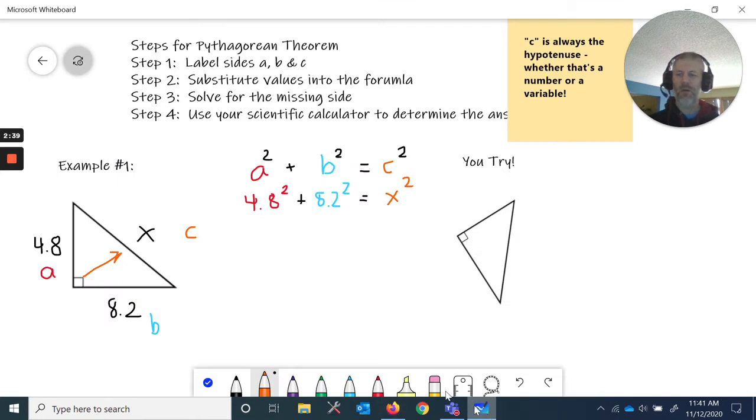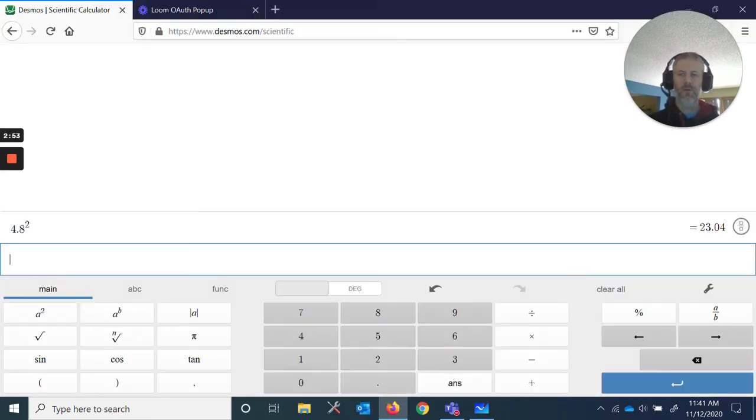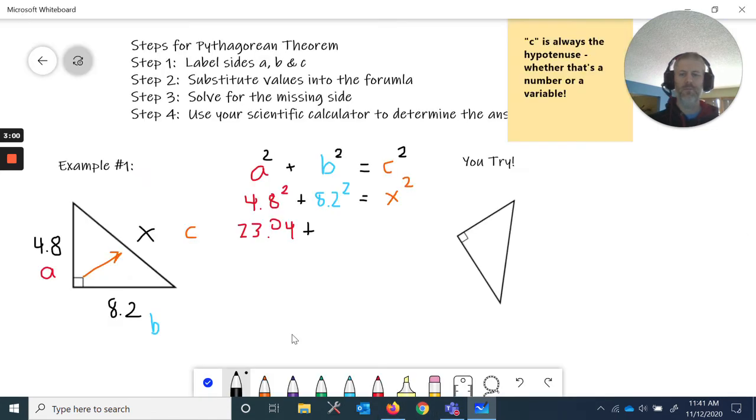And then my other number was 8.2. 8.2 squared is 67.24. So that's in blue, 67.24. I'm using lots of color here to help keep things organized for you as you go forward. And x squared we can't do anything with yet, so we'll just leave that as x squared.